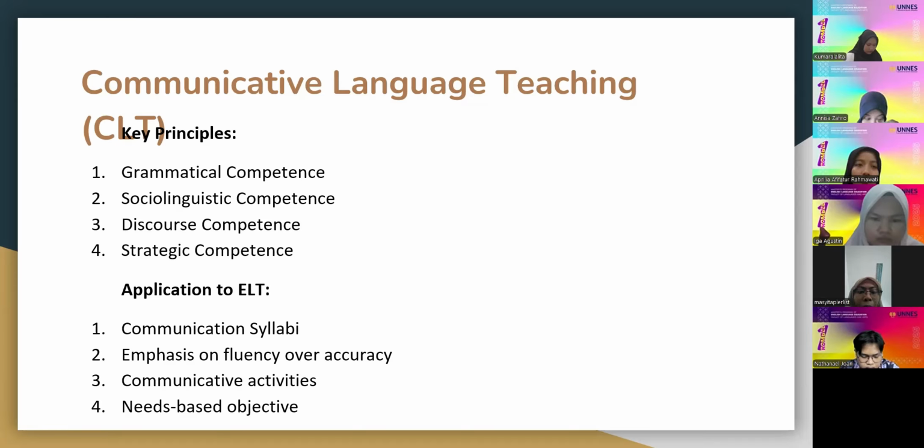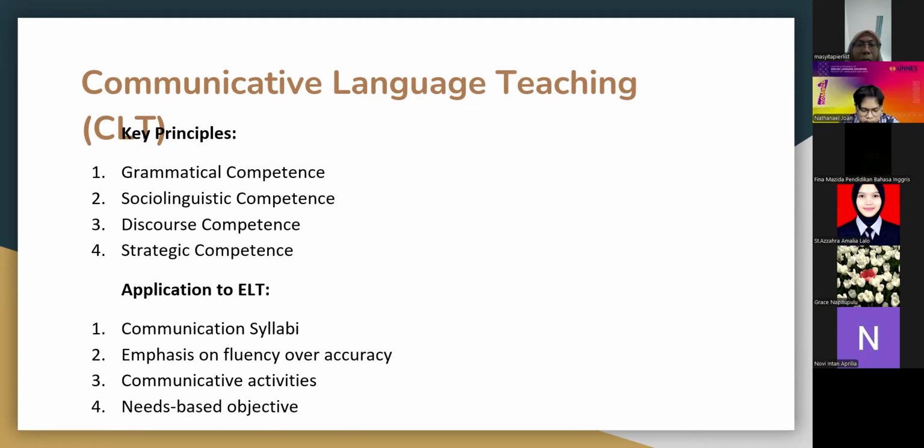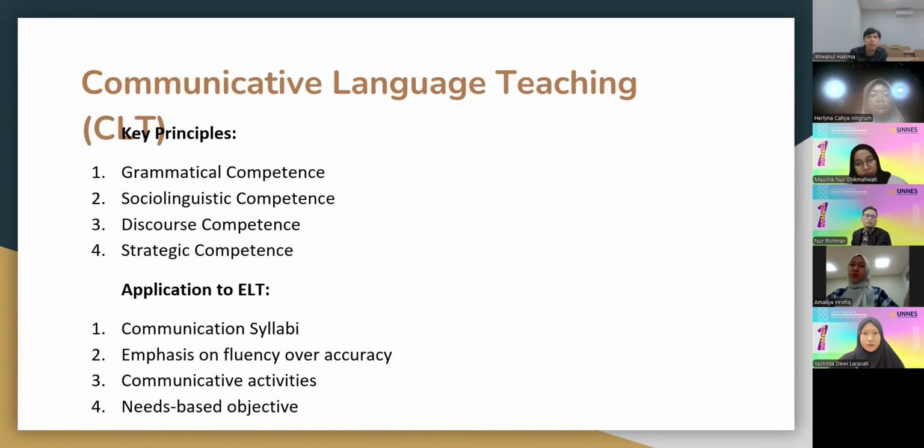And the application to ELT, CLT: the first is communication syllabi. Its courses are often organized around functions, skills, and also tasks rather than just grammar. And the next is emphasis on fluency over accuracy. It also shows that learners need to communicate fluently instead of focusing on the grammar and the patterns themselves.